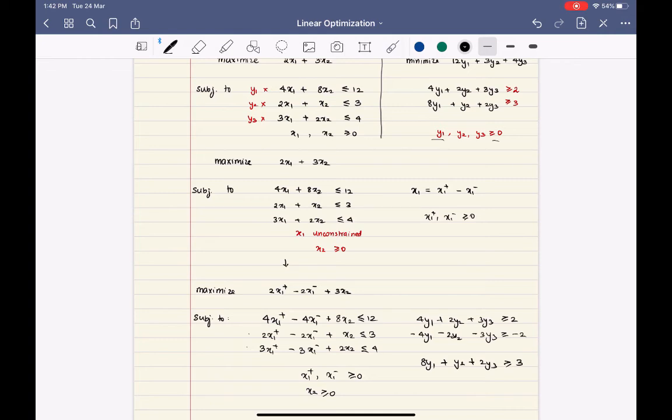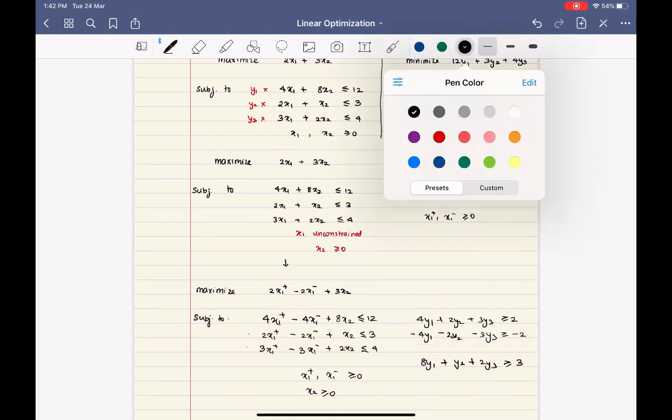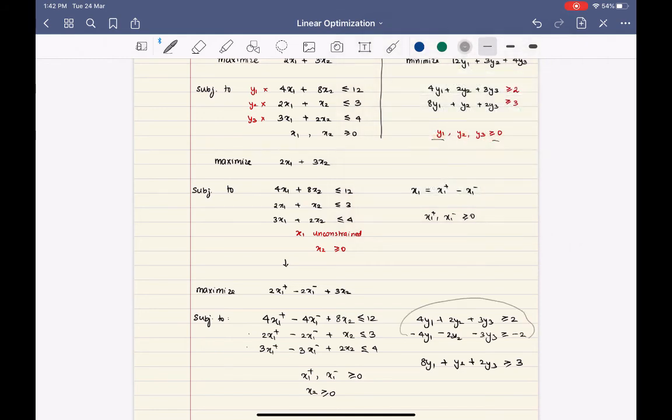Now if we combine these two, so combining these two will give us 4y1 plus 2y2 plus 3y3 equal to 2. Okay, so this gives us the dual, which is, let me rewrite the dual.